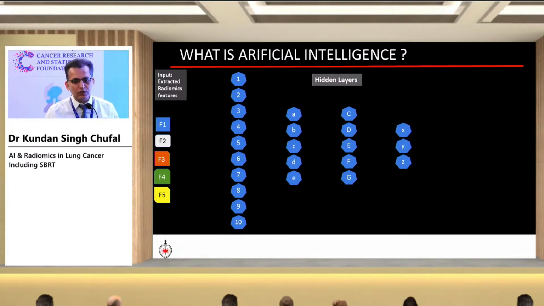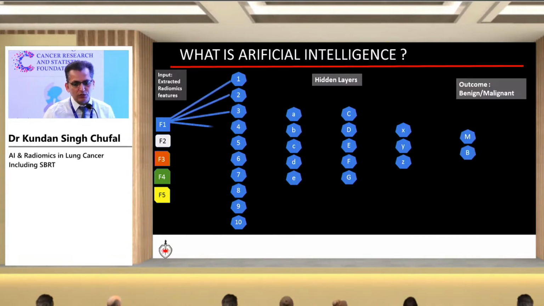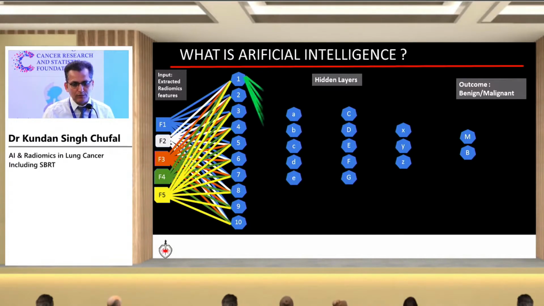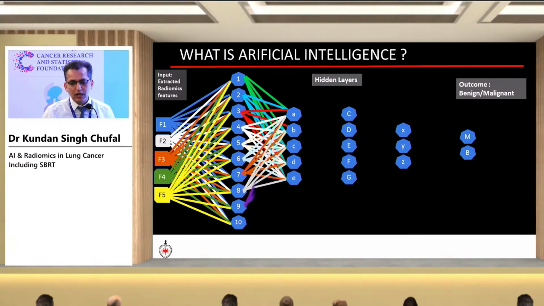This is an artificial neural network where we presume that we have extracted all the features from our images. These are the 5 features we have selected. Then all the features are subjected to all these nodes. These are known as neuronal nodes. They are nothing but mathematical formulations where we put all these features into this algorithm, and from one particular mathematical node it goes to other nodes, and this goes on.